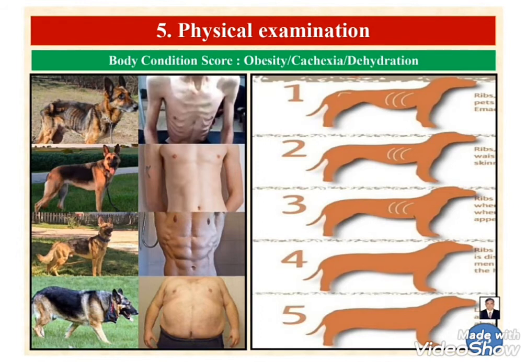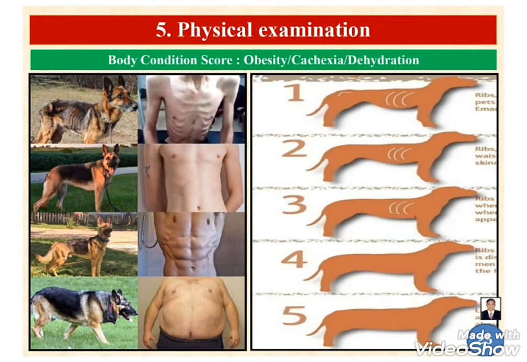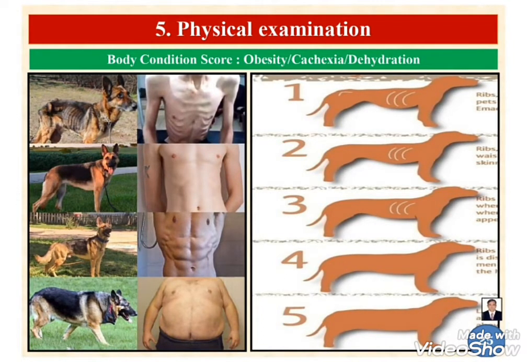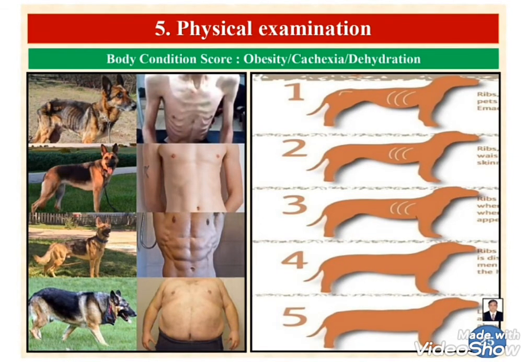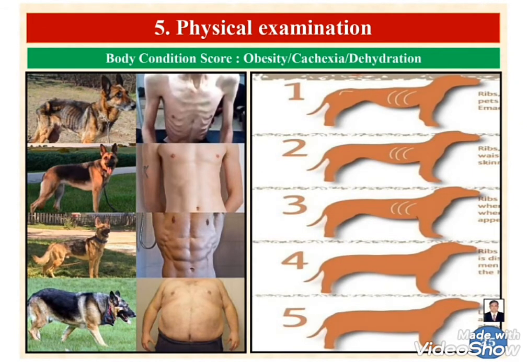So, the physical status of the animal. This is a funny slide. The physical status of the animals is determined by the body scoring scale, to identify whether the animal is obese, overweight, underweight, or lean.